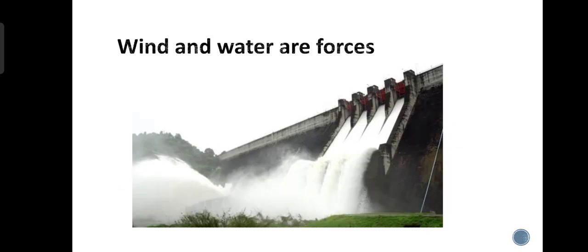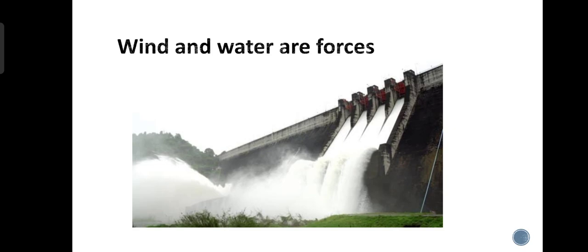Next thing we'll discuss is that wind and water are forces. We use different types of forces for our benefit. Humans can use the wind and water forces to help them. You know that we use water force to make electricity.